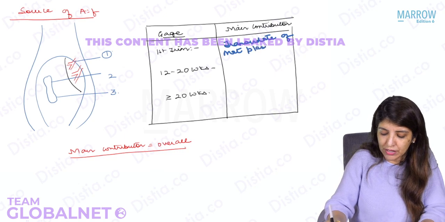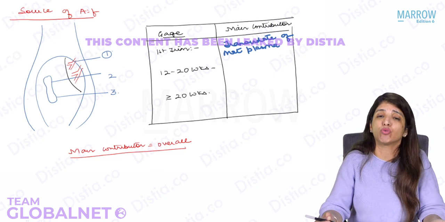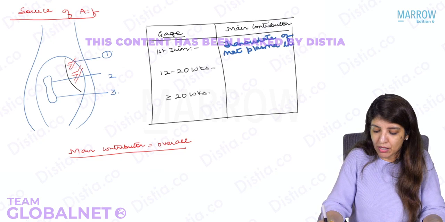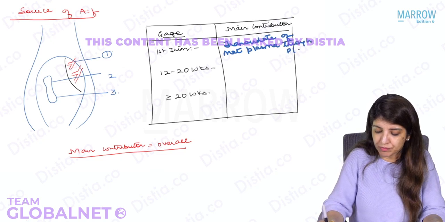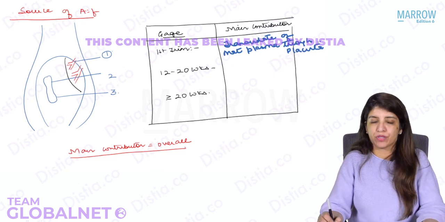And where is this maternal plasma present? It is present in the placenta and it has come through the spiral arteries, right? So it is a transudate of maternal plasma through the placenta, right? In the first trimester, that is the main source, right?